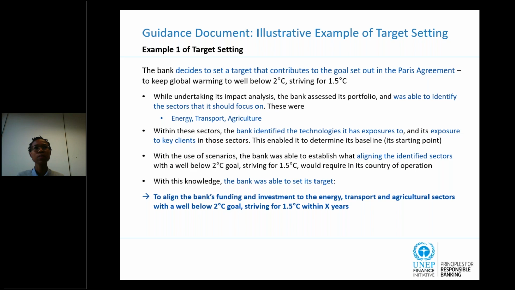So our starting point would be the Paris Agreement and aligning with the well below 2 degrees, striving for 1.5 degree scenario. And in order to set a target, we would need to first identify where to focus on in our loan portfolio.